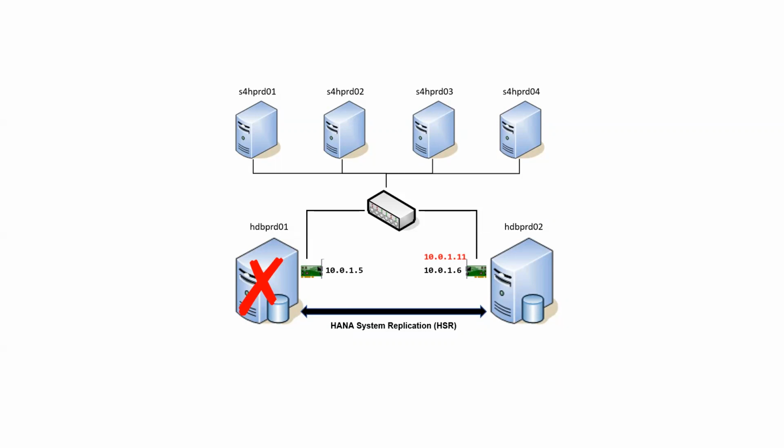This will lead to issues and might also lead to data corruption, because some transactions were already running on node 1 and now it has been switched to node 2. There might be a loss of some data, and there might be inconsistency in the data.